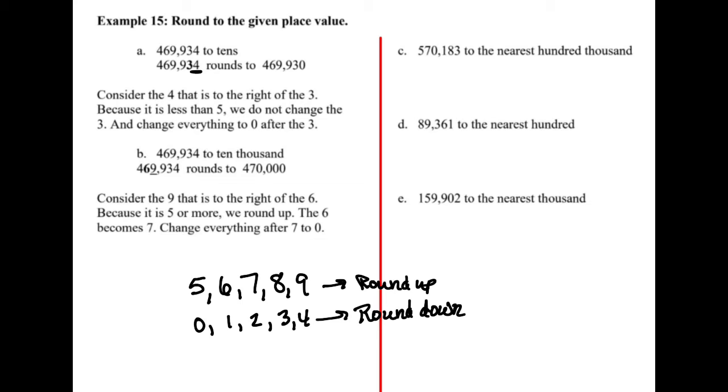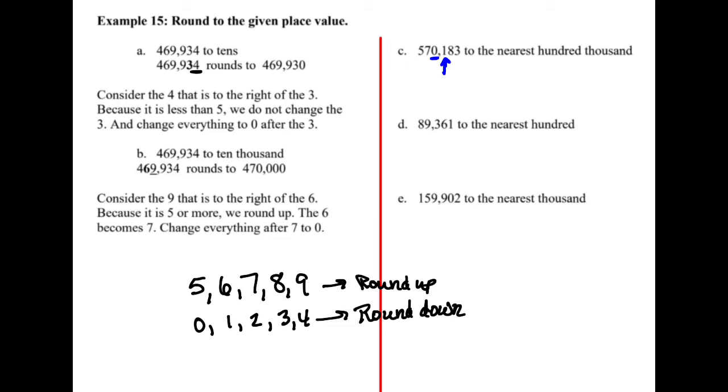Okay, C. Round that big number to the nearest 1,000. So what number is in the thousands place? Okay, now I'm going to underline it and then look at the number right after. So the 0's in the thousands place, and the digit right after it is a 1. So since a 1 is a low number, it's going to round down.